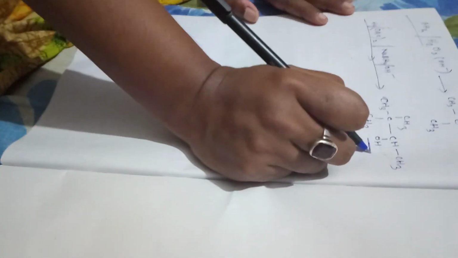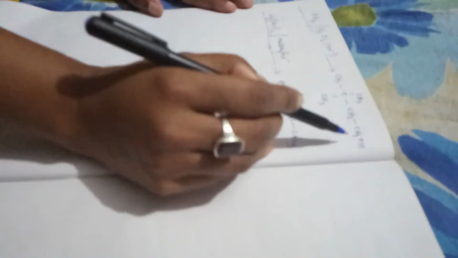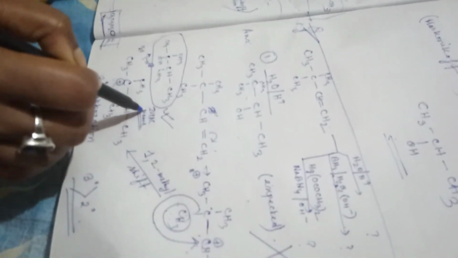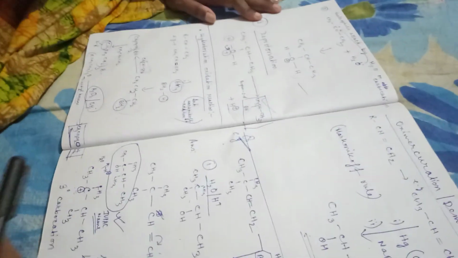So with these two reagents, we get the expected product only. But in the case of hydration of alkene, something different happens, as I have discussed. So this is a very important question. Please do it on your own if you are not able to the first time. Okay, thank you class.